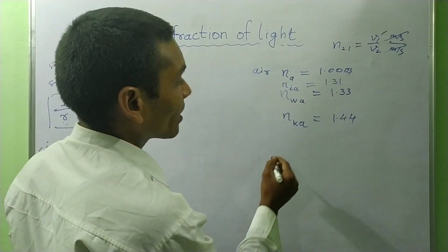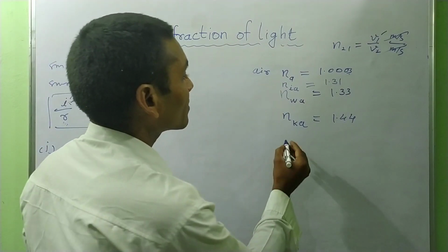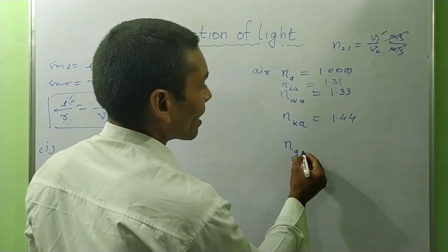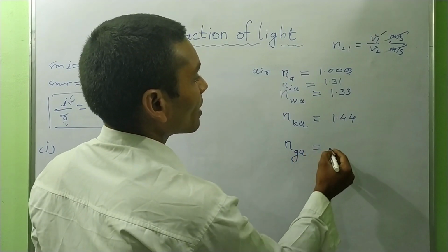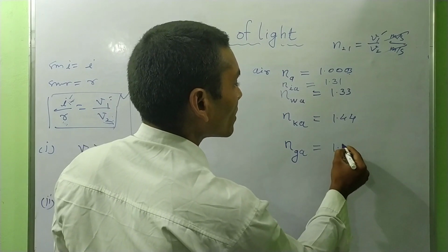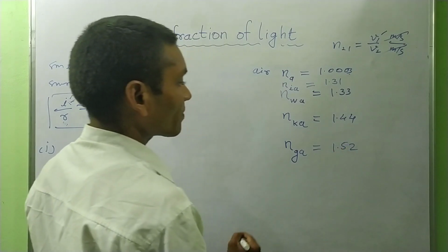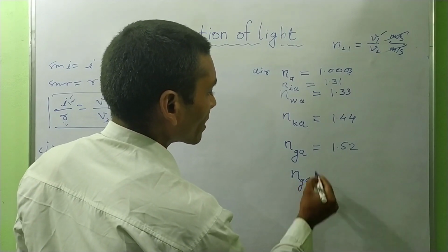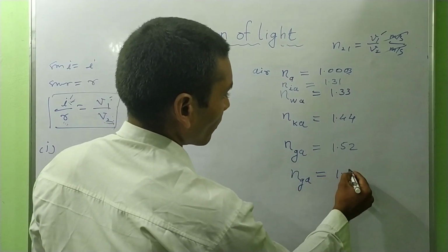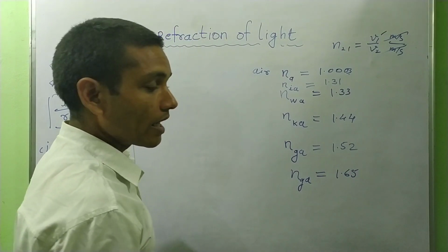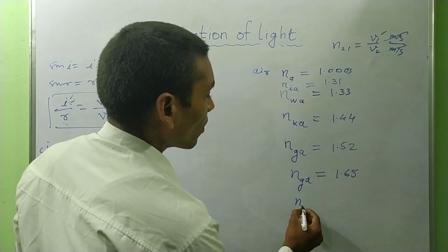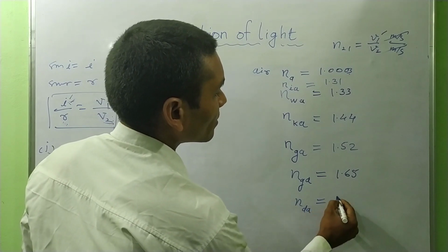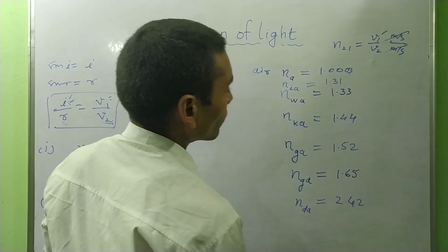The refractive index of crown glass with respect to air is 1.52, the refractive index of flint glass with respect to air is 1.65, and the refractive index of diamond with respect to air is 2.42.